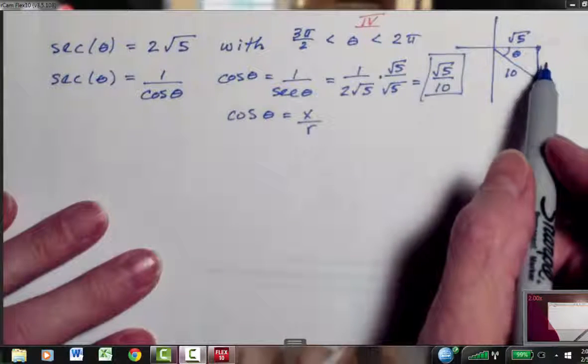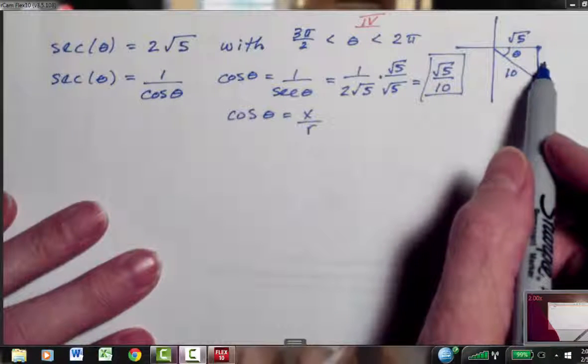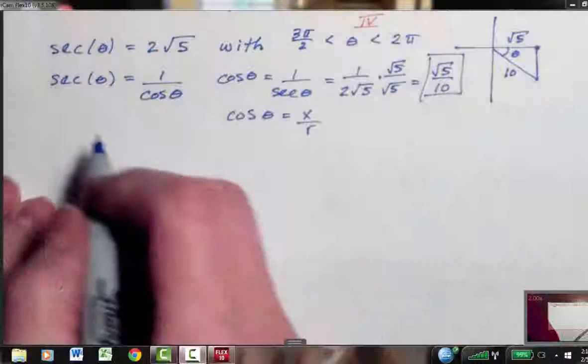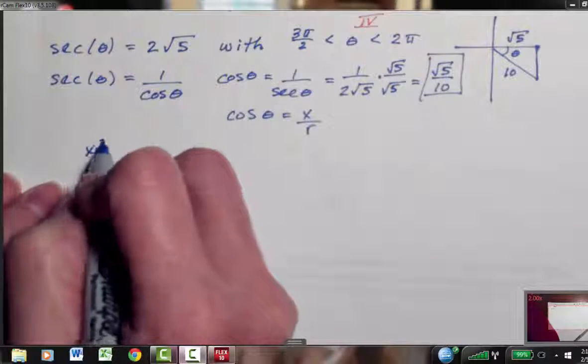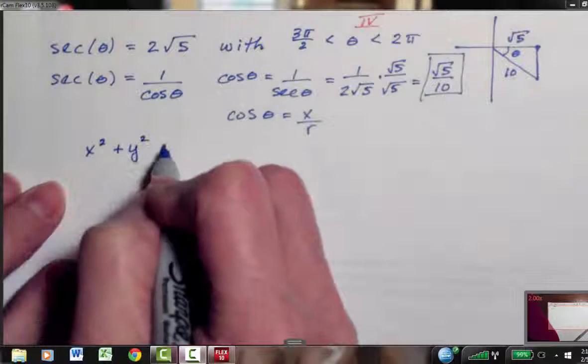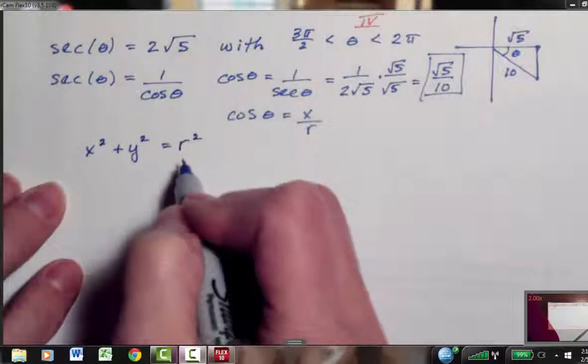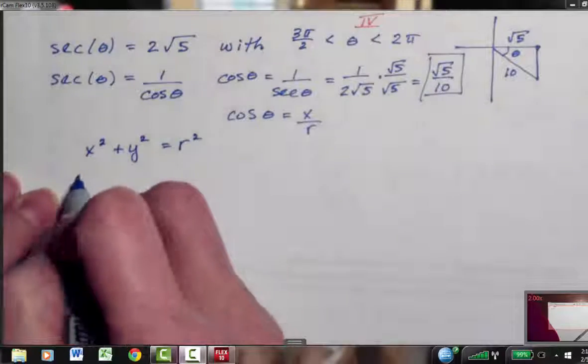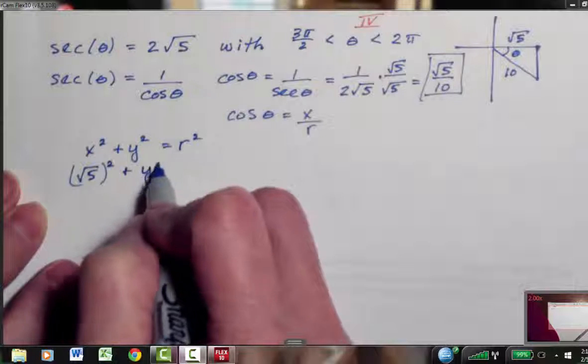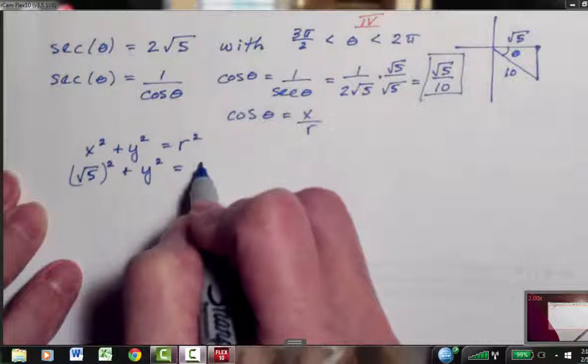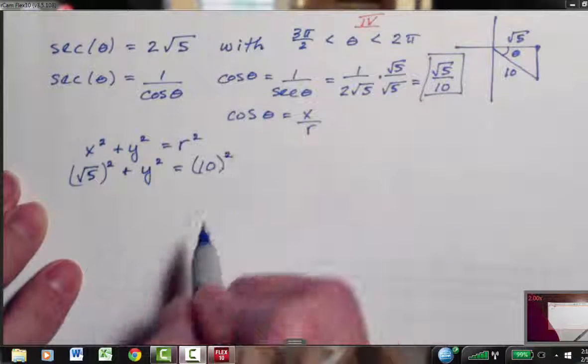So we're going to need to figure out this side over here. To figure out that side, I'm going to just go ahead and use our basic Pythagorean theorem. So we know that x squared plus y squared equals r squared. X is the square root of 5. Y we don't know. And r squared is 10 squared.